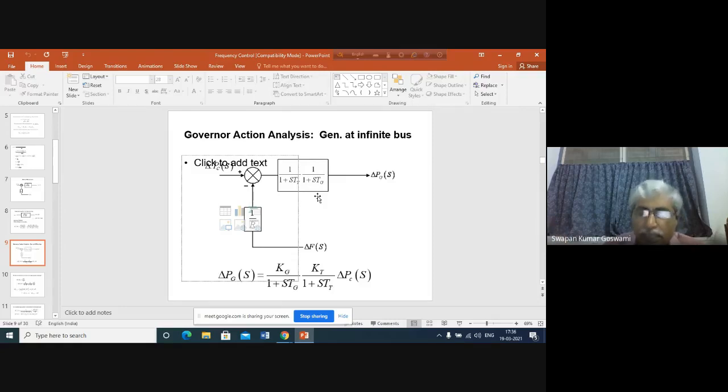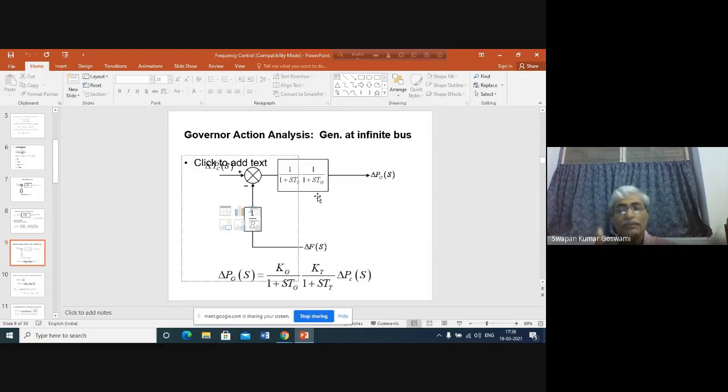So if you increase the opening of the steam valve, there will be a corresponding increase in the output of the generator, without any change in the frequency or speed. That means at steady state there will not be any change in speed. During the intermediate period, obviously there will be a change in speed, because otherwise how would the output change?